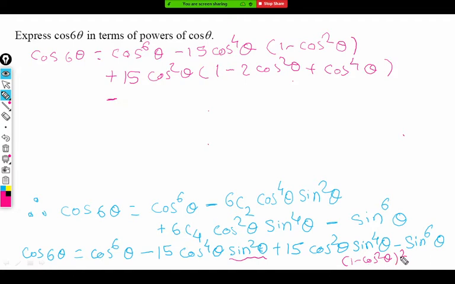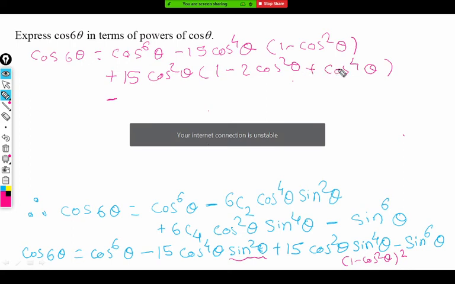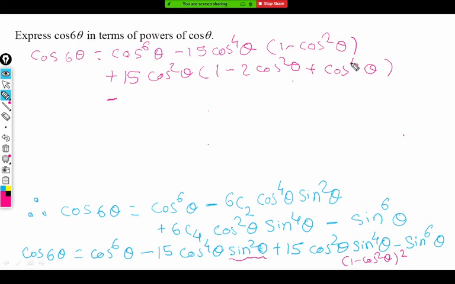It is 1 minus cos square theta bracket cube. You can use the bracket cube formula, a cube plus 3a square b plus 3ab square plus b cube, or you can multiply this bracket by 1 minus cos square theta again. The choice is yours.